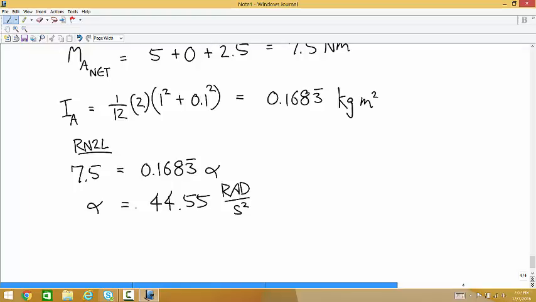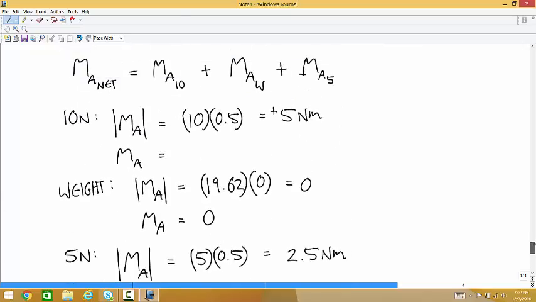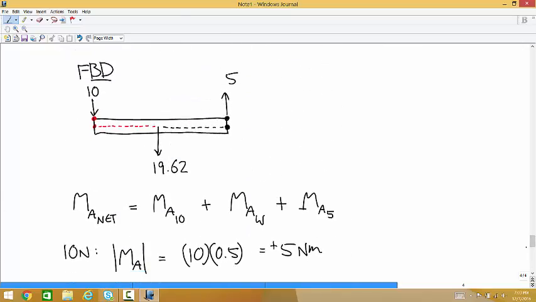Is this thing speeding up or slowing down? Trick question. Well, I didn't say anything about when these forces are applied. I didn't say anything about what the angular velocity of this board was. And so if it was sitting here at rest when these forces are applied, then it's going to speed up counterclockwise.